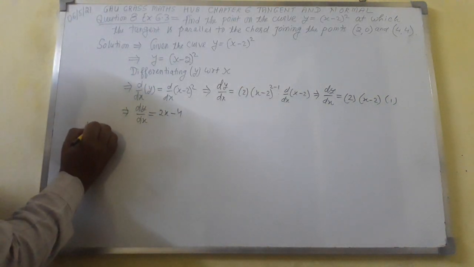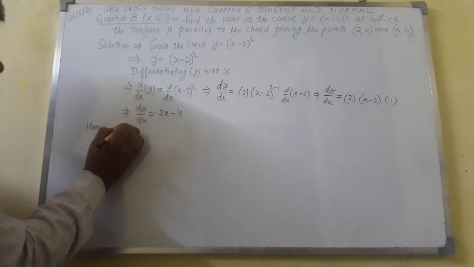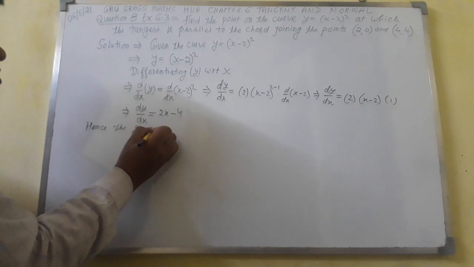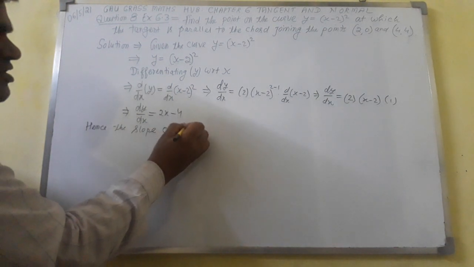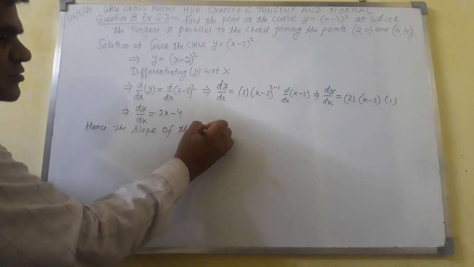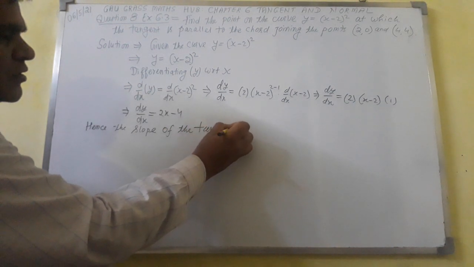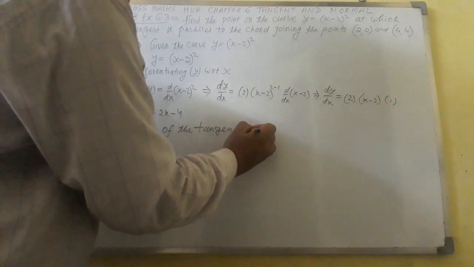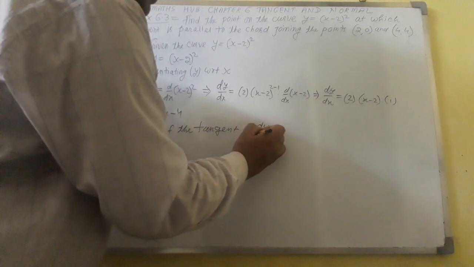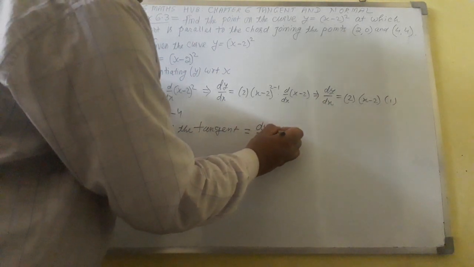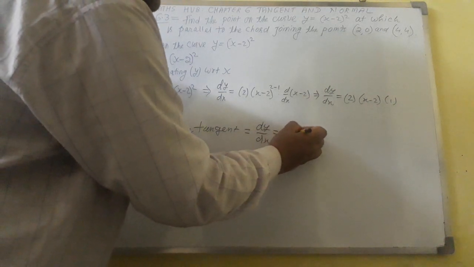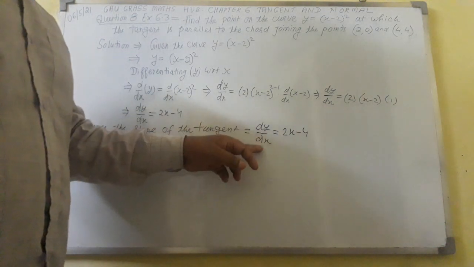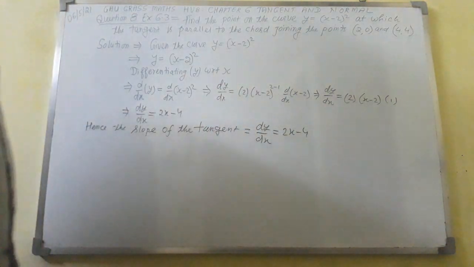Hence the slope of the tangent equal to dy over dx equal to 2x minus 4.